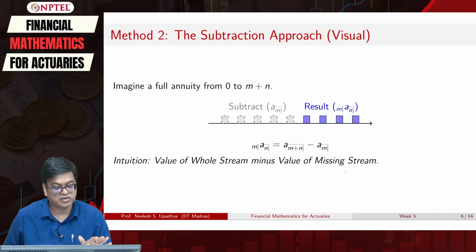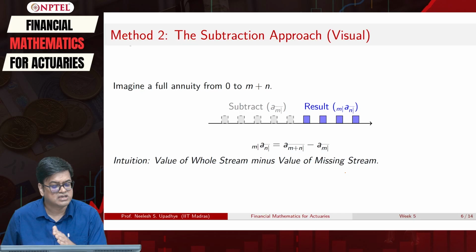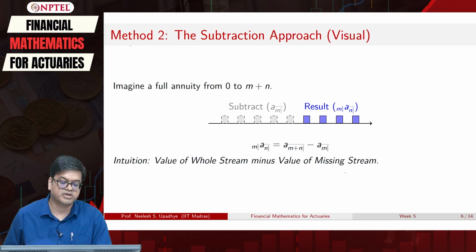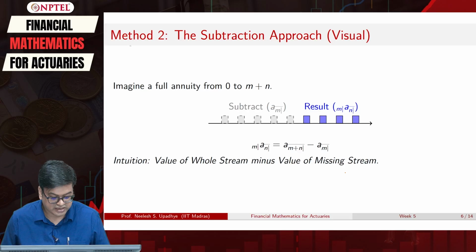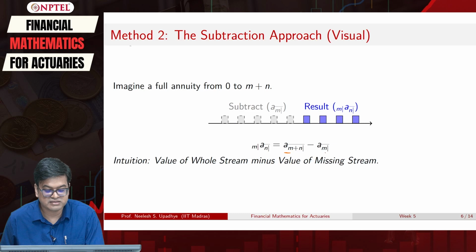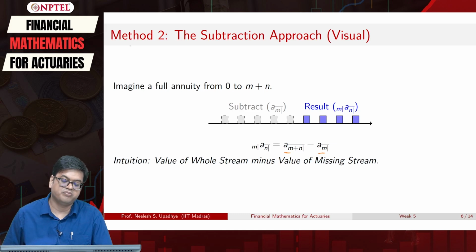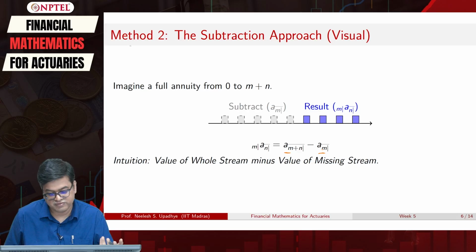So let me subtract that annuity from it, which will mean that I can compute the annuity for m plus n periods, and I can simply subtract the annuity for m periods, that is all. So that will do my job, which is one of the easiest ways.